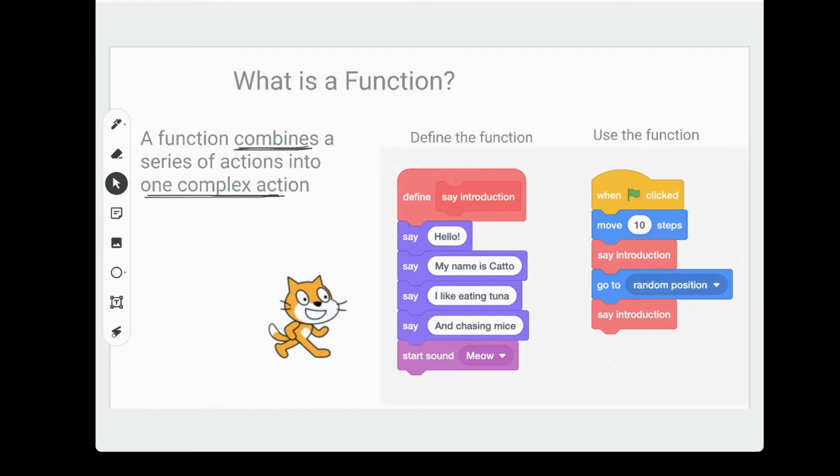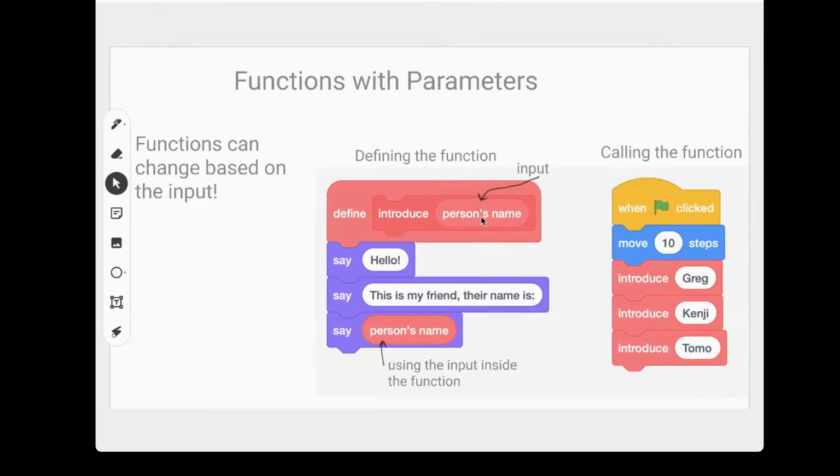So now the difference is when you have an input, you can do a slightly different thing based on what the input is. Here, the input is the person's name that you want to introduce, and then you say, hello, this is my friend, their name is, and then you use the person's name. And so we could see how we might call the function. So the character might move around, and then it would introduce Greg.